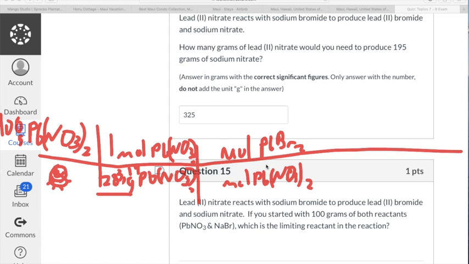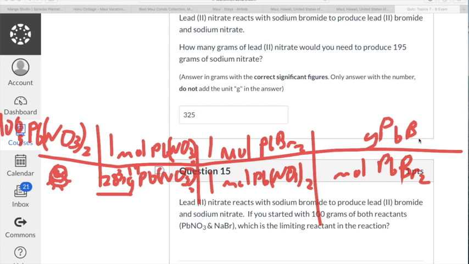And on my balanced reaction, which I have written down conveniently on my scratch piece of paper, it looks like for every 1 mole of Pb(NO3)2, I get 1 mole of PbBr2, so that just cancels itself out, right? 1 over 1 is 1. And then I have my moles of PbBr2. And I got to figure out how many grams of PbBr2 it is.